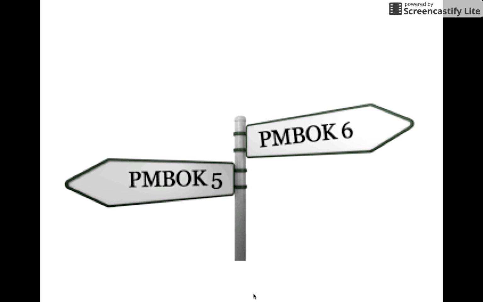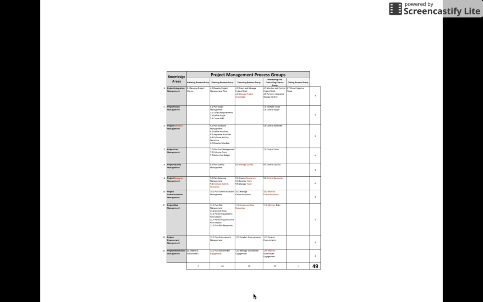Now you'll notice that we have two different versions here, the 5th and 6th edition. The 6th edition was released early this past summer. In the standard method for the standardization of the PMBOK guide, we have 10 knowledge areas listed there on the left pane.